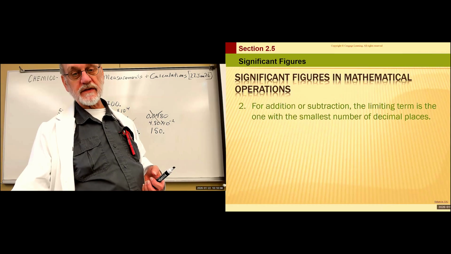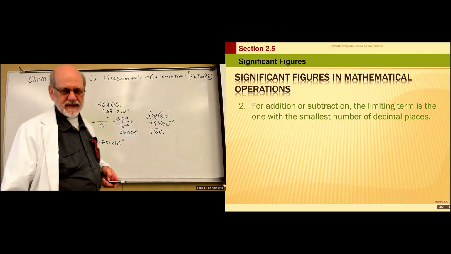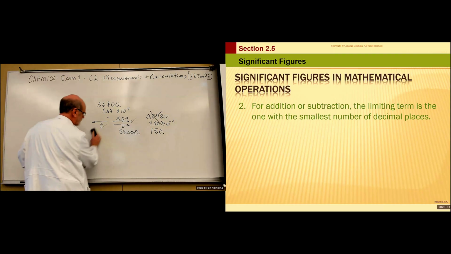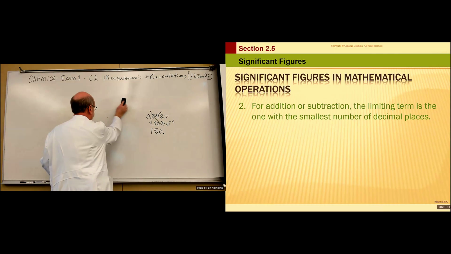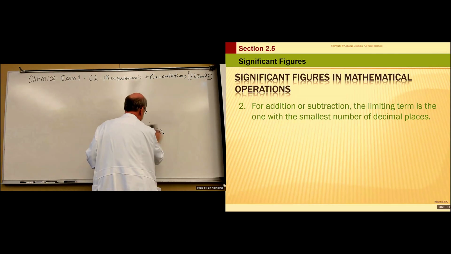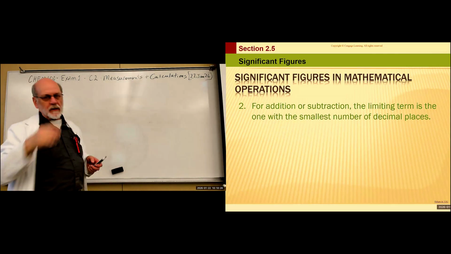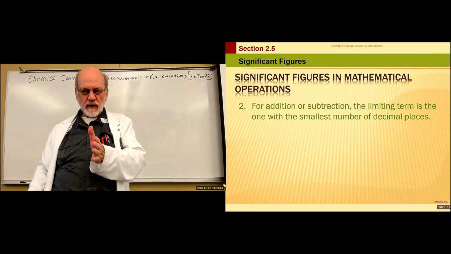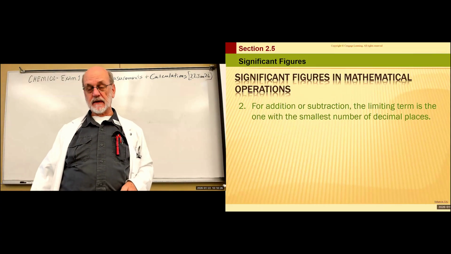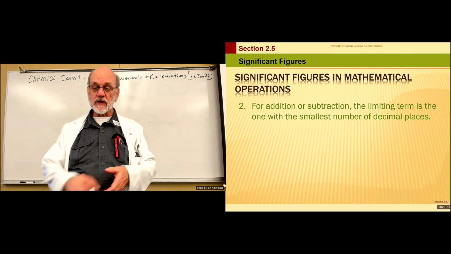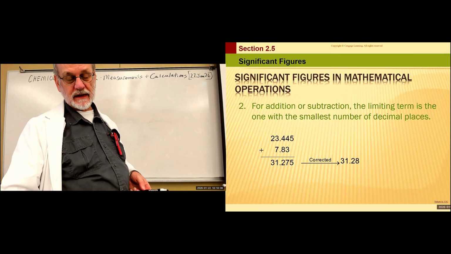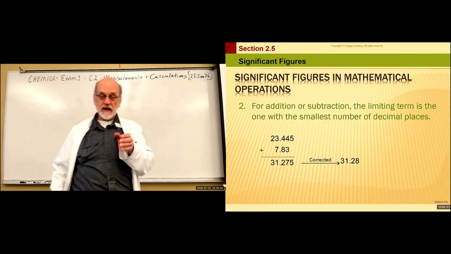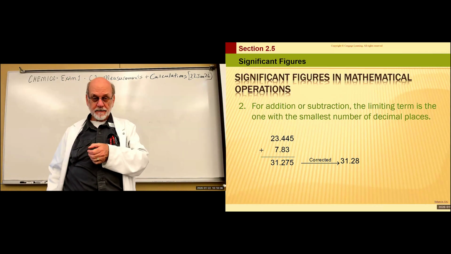Okay, the other rule is add, subtract. This takes a little explaining. When we add, subtract, the key is to line up your decimal points. So if you have two numbers that you want to add, like this, 23.445 and 7.83, you line up the decimal points.